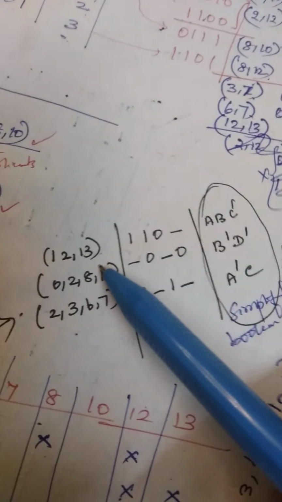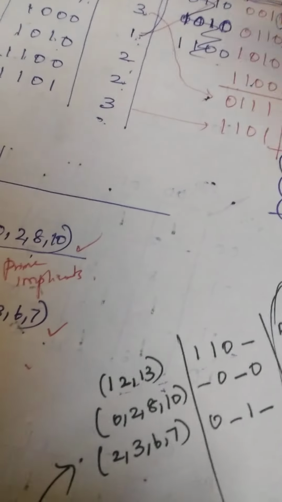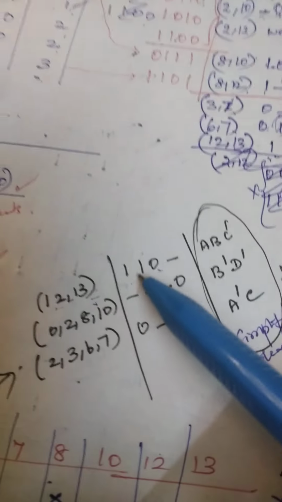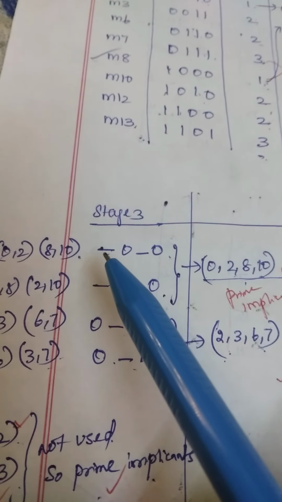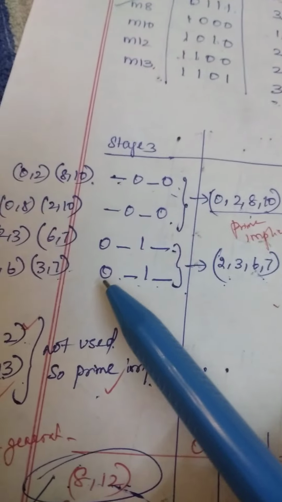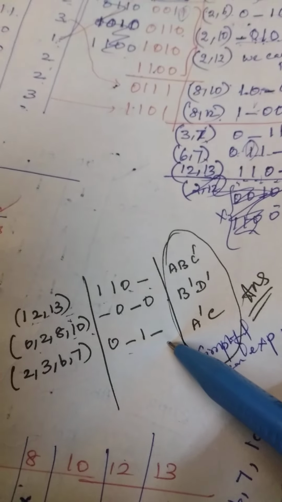See here, for 12,13 you write the value straight from the first stage. What is the value for 12,13? This, here 110-. For 0,2,8,10 the value will be -0-0. Then the next thing is 2,3,6,7, the value is 0-1-. Now substitute A, B, C, D here.